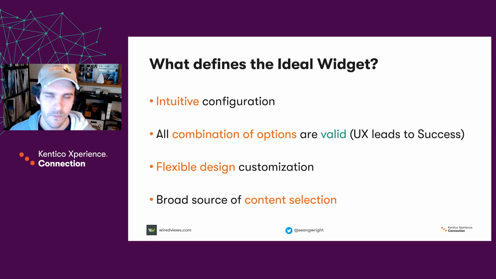So that's a constraint on us as developers, because we have to make sure that the options that we are providing make sense and work well together. Some of these things are going to be hard to achieve, and some of these constraints work against each other, like flexible design, but a broad source of content selection, because some content might not be applicable for a certain design.